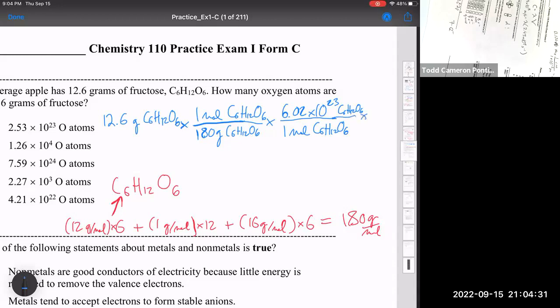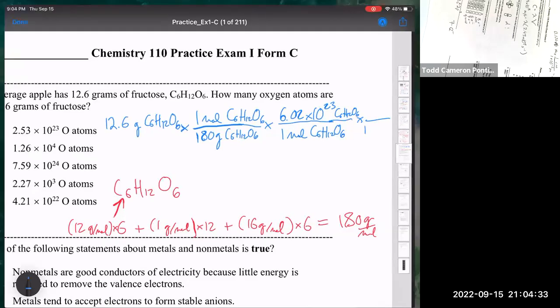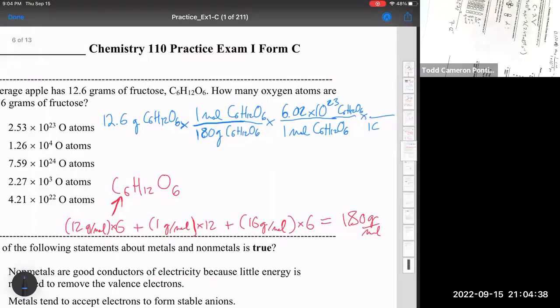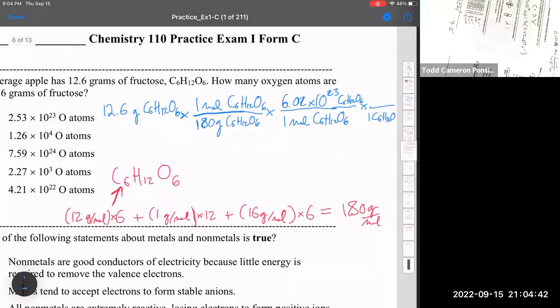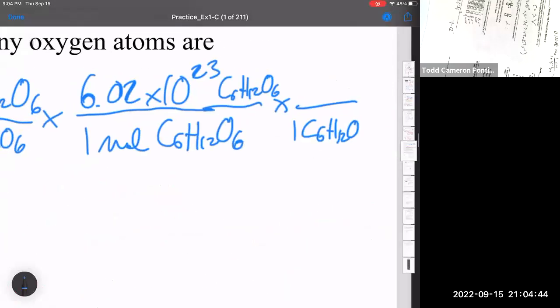So then finally, for every one C6H12O6, there are how many atoms? For every molecule, how many oxygen atoms are there? 6. There's 6 oxygen atoms.